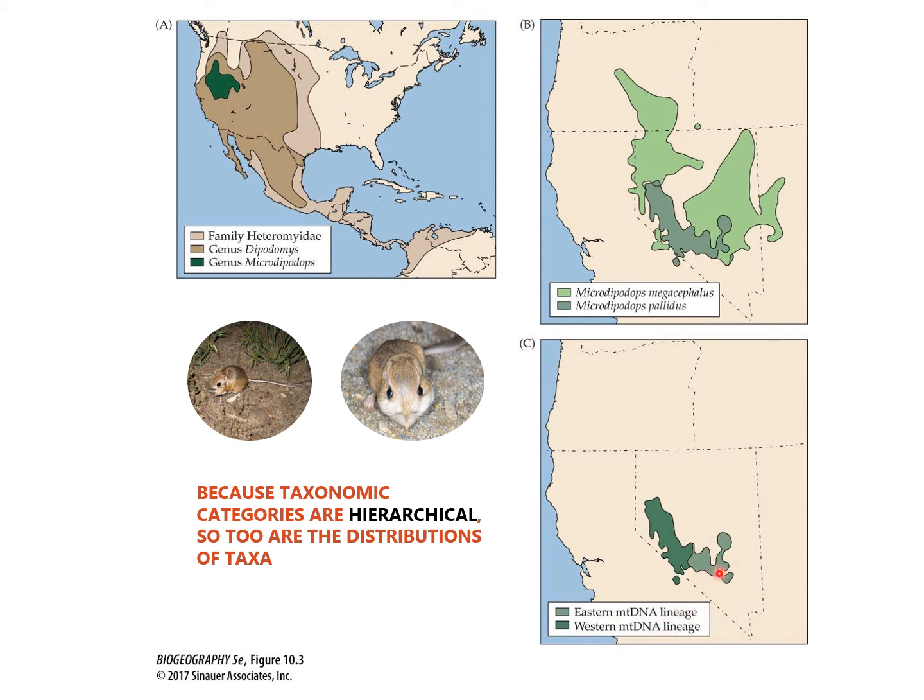There's this mitochondrial DNA lineage and this one. Both of these are members of the same species, which has this geographic range here. And all of these are located within this genus, which is located within this family. So you often see that sort of nested hierarchical structure in the geographic ranges that corresponds to the taxonomic categories.